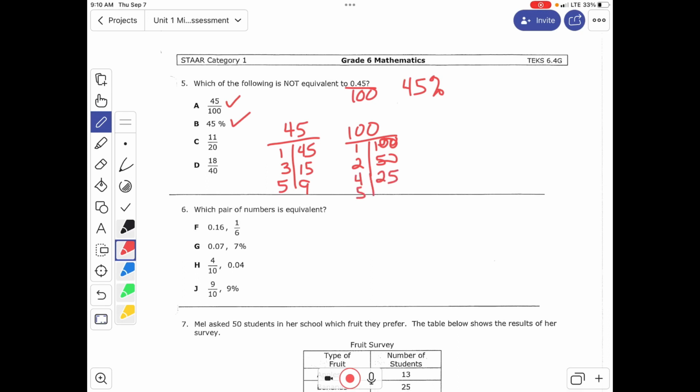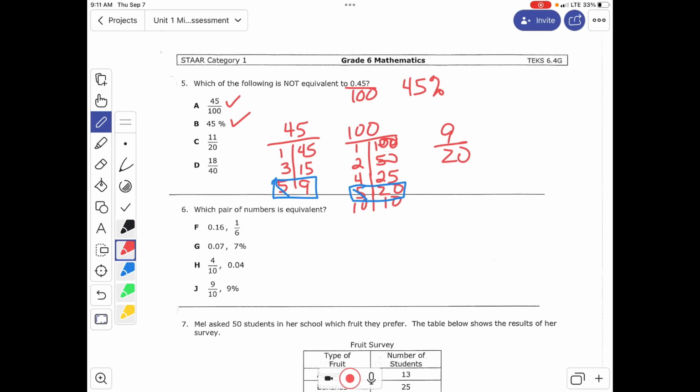We've written this one a bunch. Probably going to need to memorize these. And which one do they have the same? 5. So box it, mark it off, and that leaves 9 over 20.